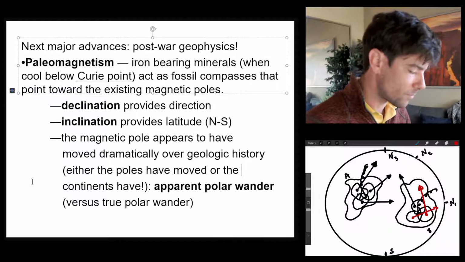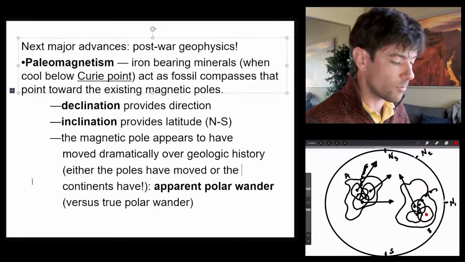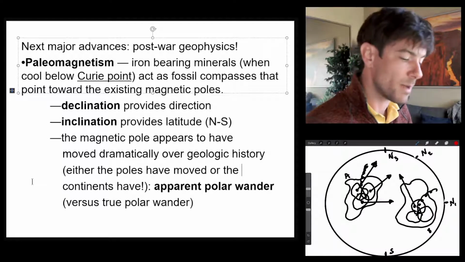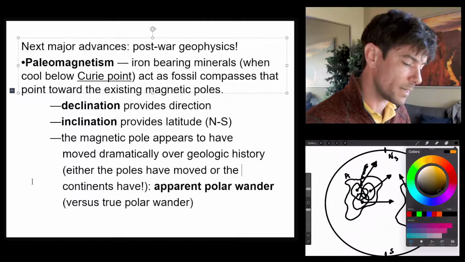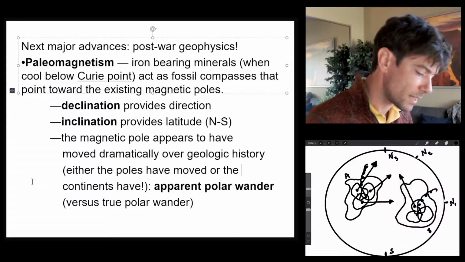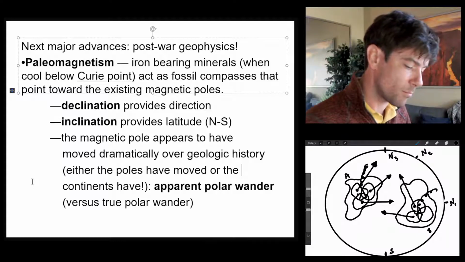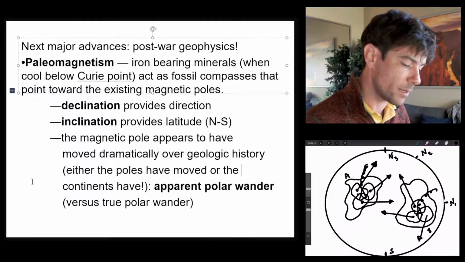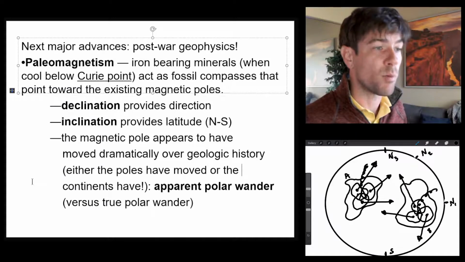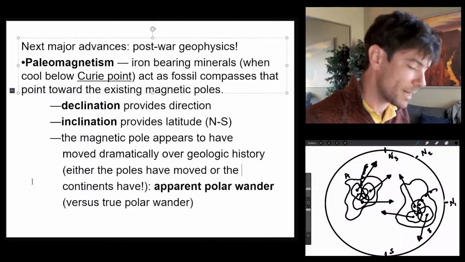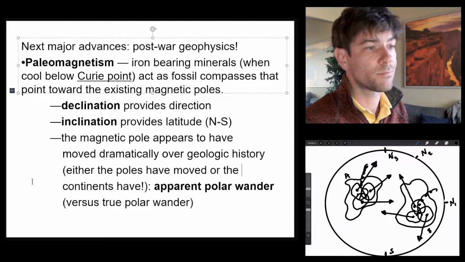However, that is not what you will find if you go out and you make these measurements. What you'll find is actually that these are not pointing at the same paleo poles, okay? What you find is that they're pointing in completely different directions, all right.